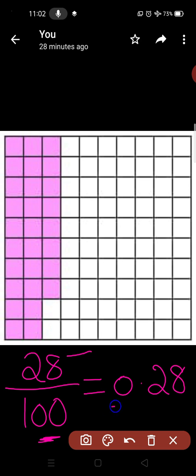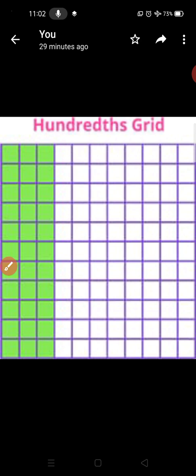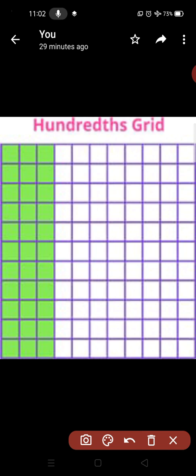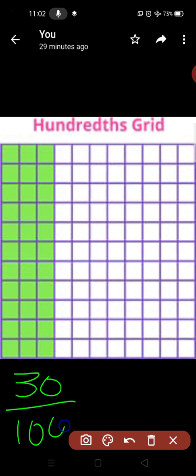So it is 0.28. Here out of these 100 equal parts, 30 parts were shaded. So it can be represented as 30 by 100, or else simply 0.30. Okay.